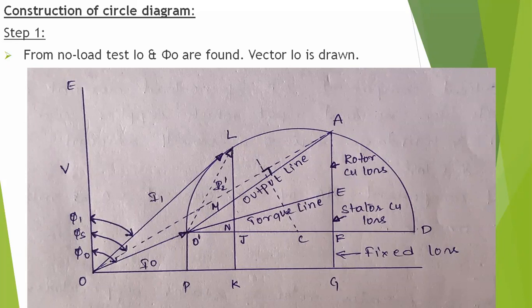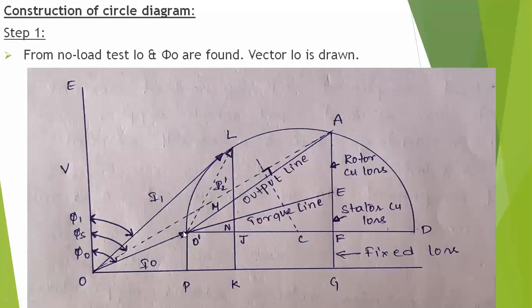Now we have located the center C. The chord O dash A is bisected at right angles; bisected means drawing a line at right angle. So we are now getting the center C. With C as center and CO dash as radius, a semicircle is drawn here.